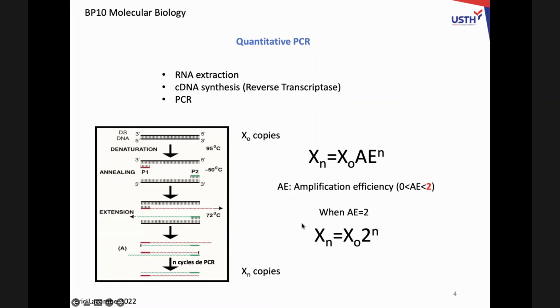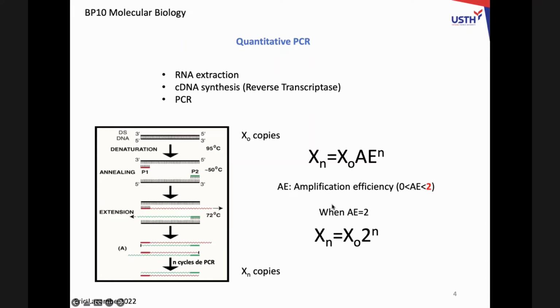So this is the formula that explains the number of final copies in a PCR reaction related to the initial number of molecules in this PCR reaction. Is it okay, this or not?